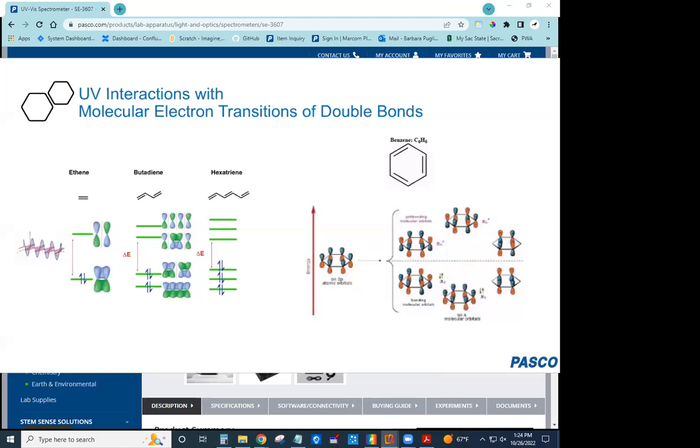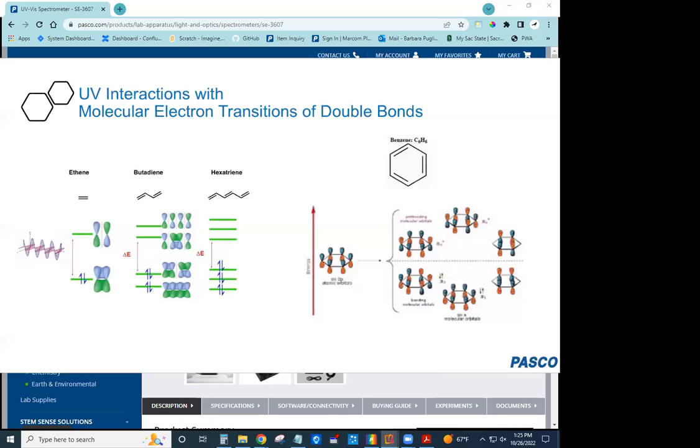Just like an electron can fall from further from the nucleus to closer to the nucleus, they can fall in different patterns. The classic example is it really helps you to understand molecules with double bonds. You can see in this example that you can excite an electron that's in a bonding orbital, even just with one double bond, and that will go to an antibonding orbital, making a jump to a different shaped path.